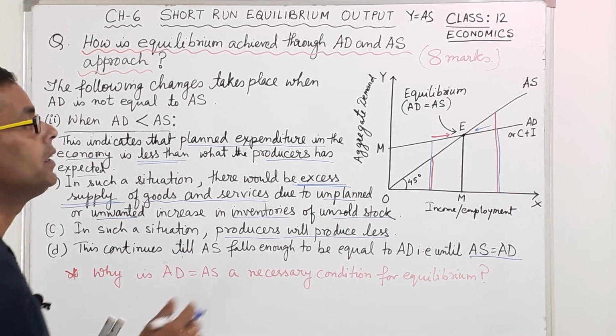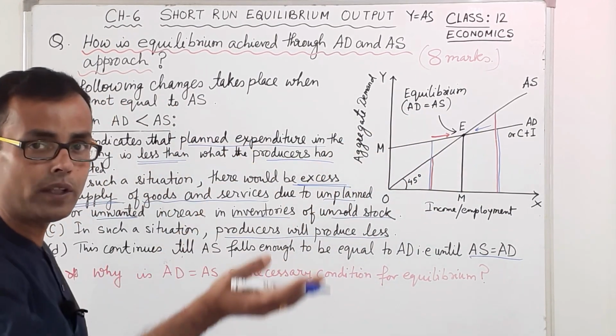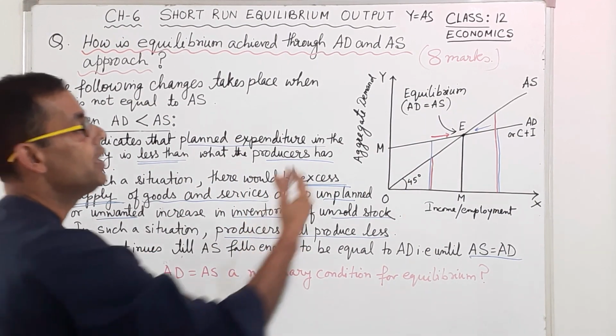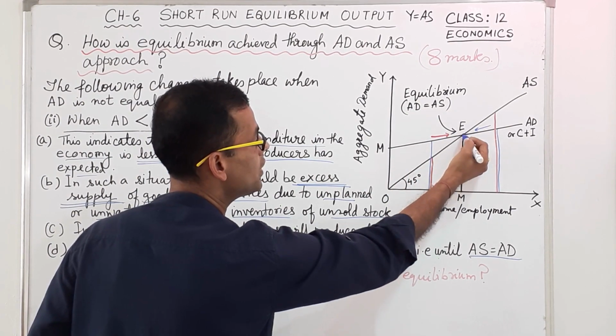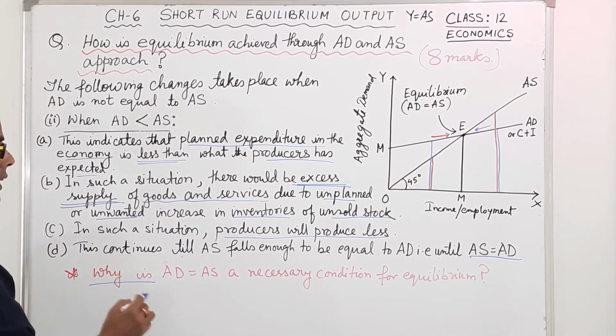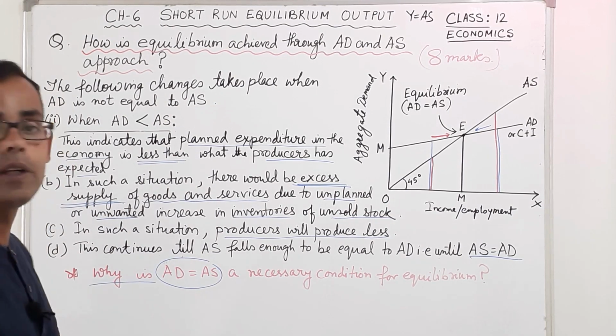We discussed what happens if aggregate demand is more than aggregate supply, and if aggregate demand is less than aggregate supply. In both cases, slowly it will move towards the E point, and that will be the equilibrium condition.